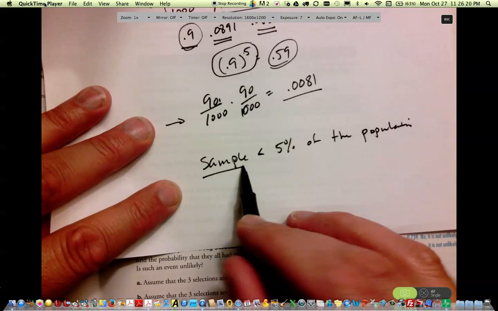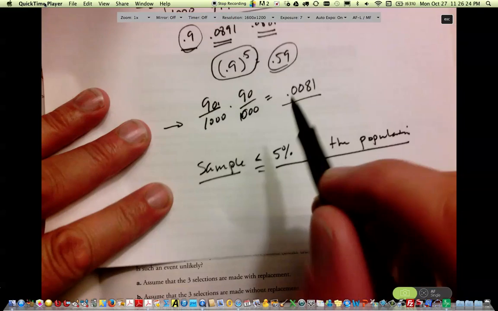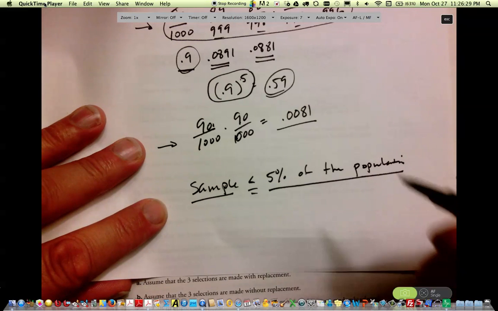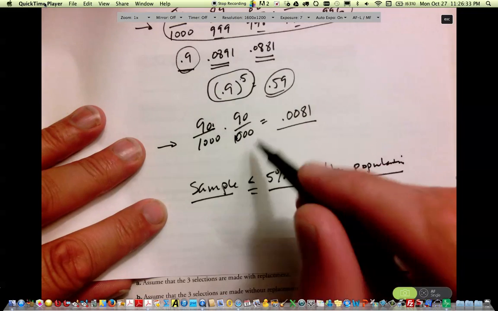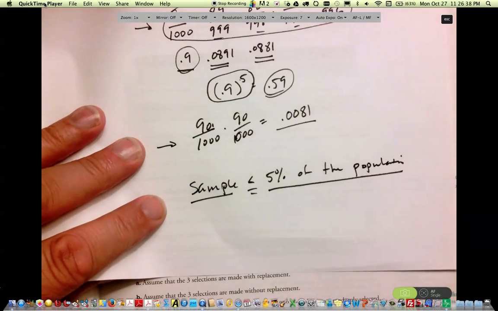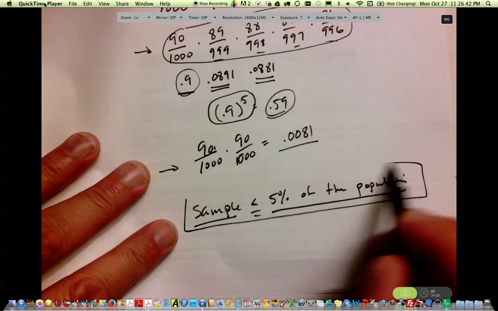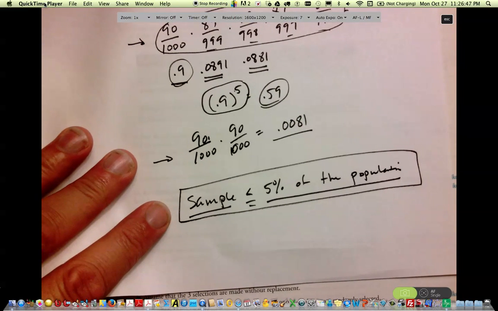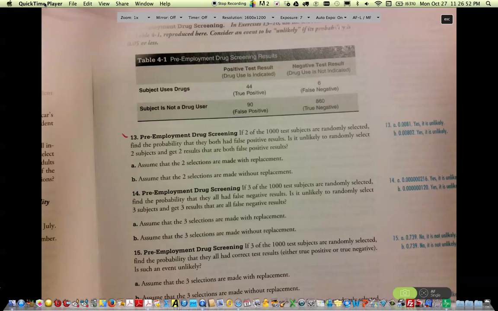If the sample is less than 5% of the population, we're going to assume that they are practically independent. That means we can do some simpler calculations and not have to worry about this dependency. So look for that. If you've got a sample that is just a small part of the population, the probability from one to the next isn't going to change by enough to make much difference.